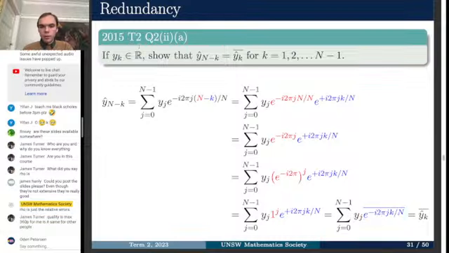And then because our original sequence was real number valued, this being conjugated means that the whole thing is conjugated. And we can see that this sum here is by definition the conjugate of the kth element of the Fourier transform. So yeah, it's pretty much just algebra to figure that out.